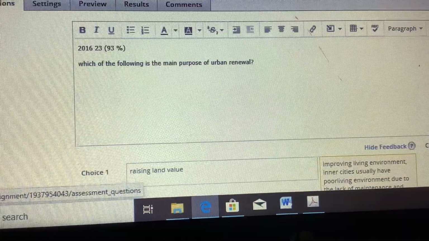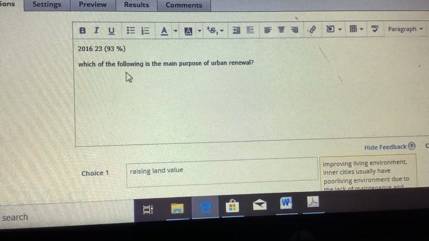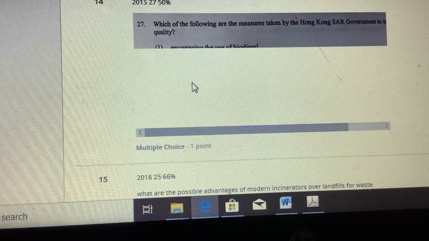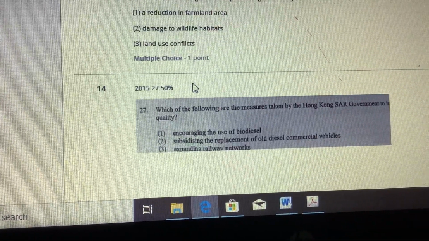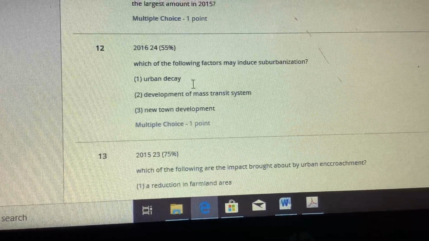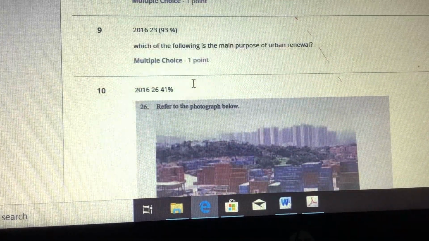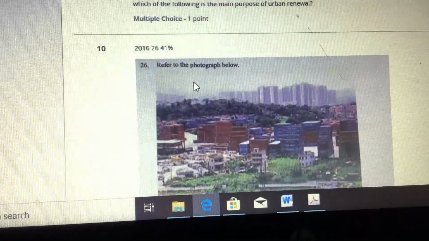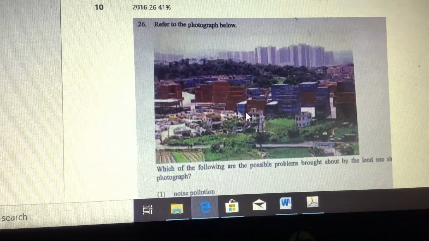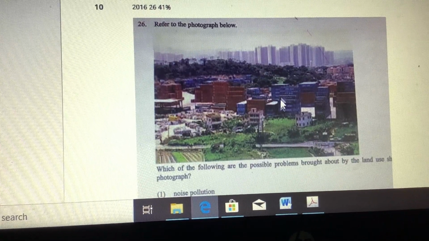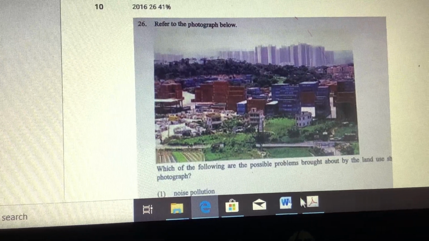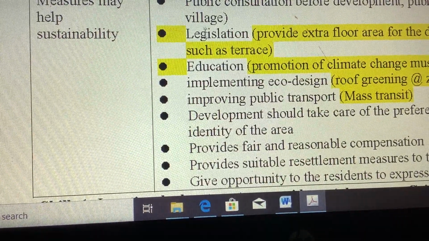Okay, next one. Wait, where is it? This one you can see there are a lot of container ports, and when you see a lot of greenery, it is always talking about urban renewal or urban encroachment.